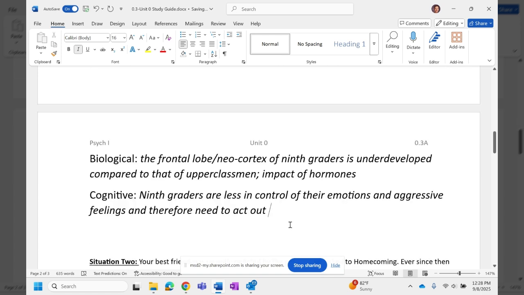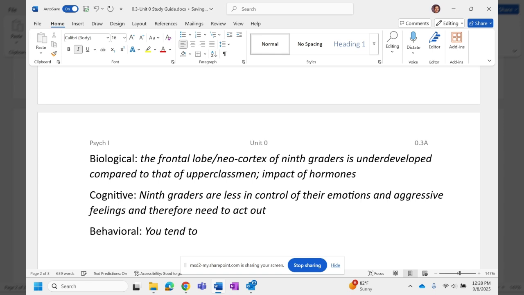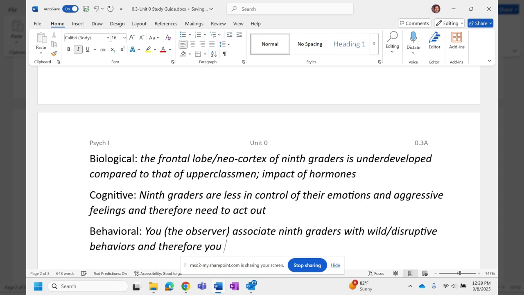I'm going to go a little bit different direction with behavioral. Let's say behavioral, you could say that maybe you, as in the observer, tend to associate ninth graders with wild, disruptive behaviors, and therefore you see kind of what you want to see with their behavior.